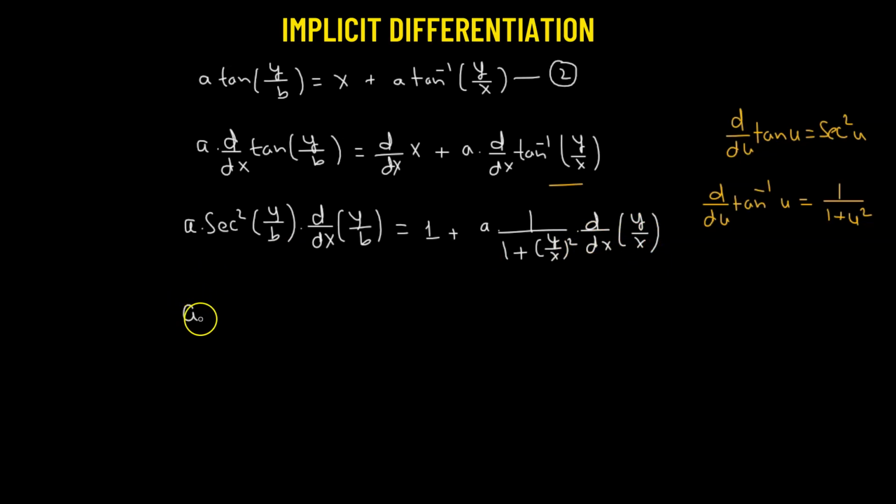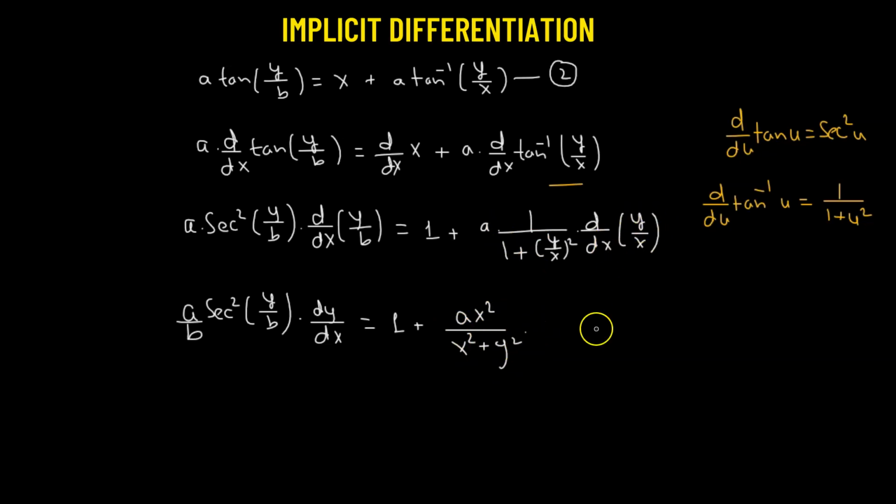So we'll now have a multiplied to secant squared y over b times, here b is a constant, so we can pull it out of the derivative. So we'll have a over b. This will be multiplied to the derivative of y with respect to x, which equals 1 plus a. Here we're going to multiply both numerator and denominator by x squared. So we have x squared divided by x squared plus y squared.